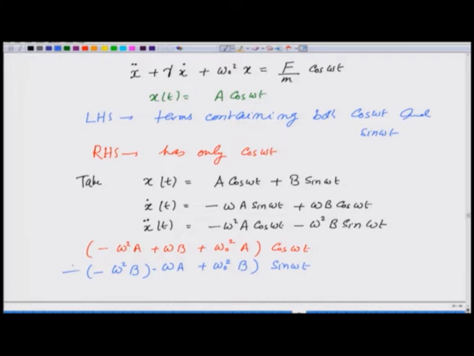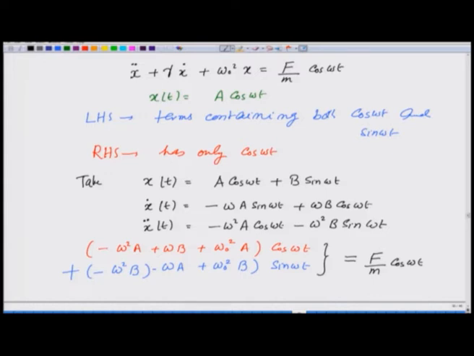These two terms are to be added, and this together added together should be equal to f over m cosine of omega t. Now, you see I have two variables a and b, and I will get two equations.